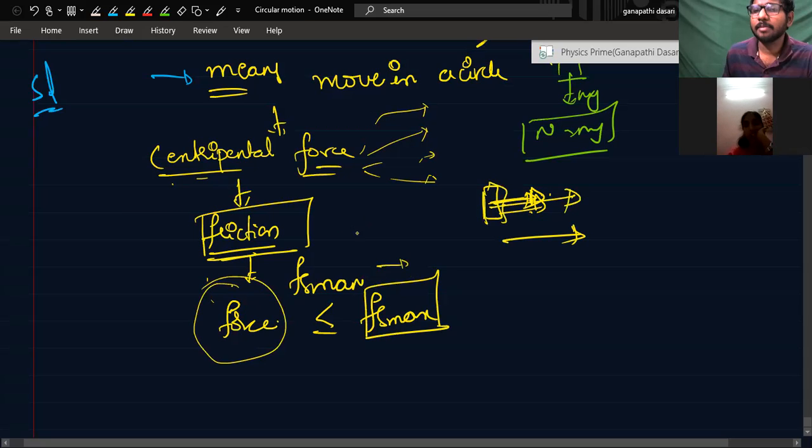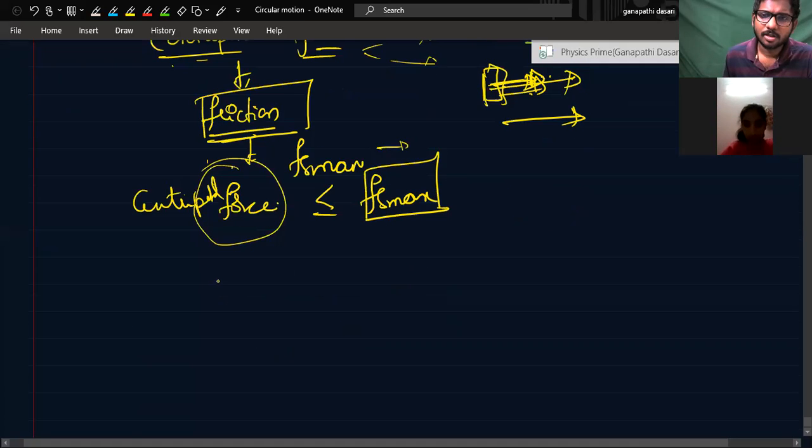Got it? So that means the centripetal force should be less than or equal to Fs max, because here friction is providing that centripetal force.